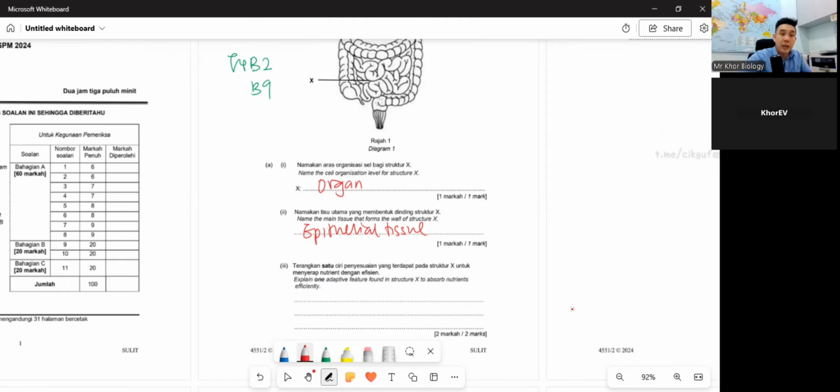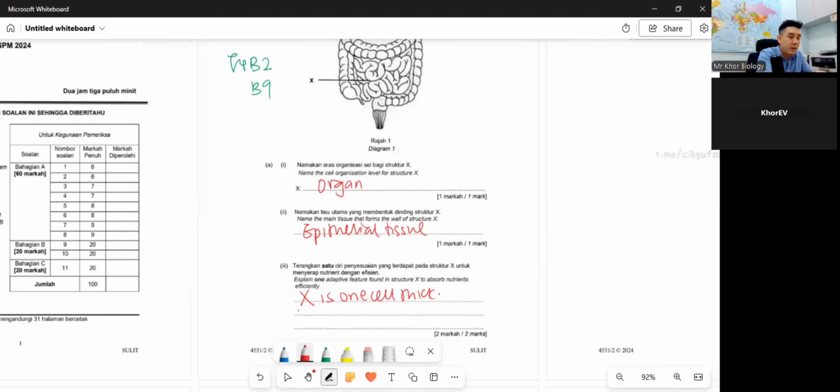As for A3, explain one characteristic, or better still, adaptive feature. Adaptive feature means what makes it efficient in absorbing the nutrient. So for small intestine here, they are actually one cell thick. We say that X is one cell thick.